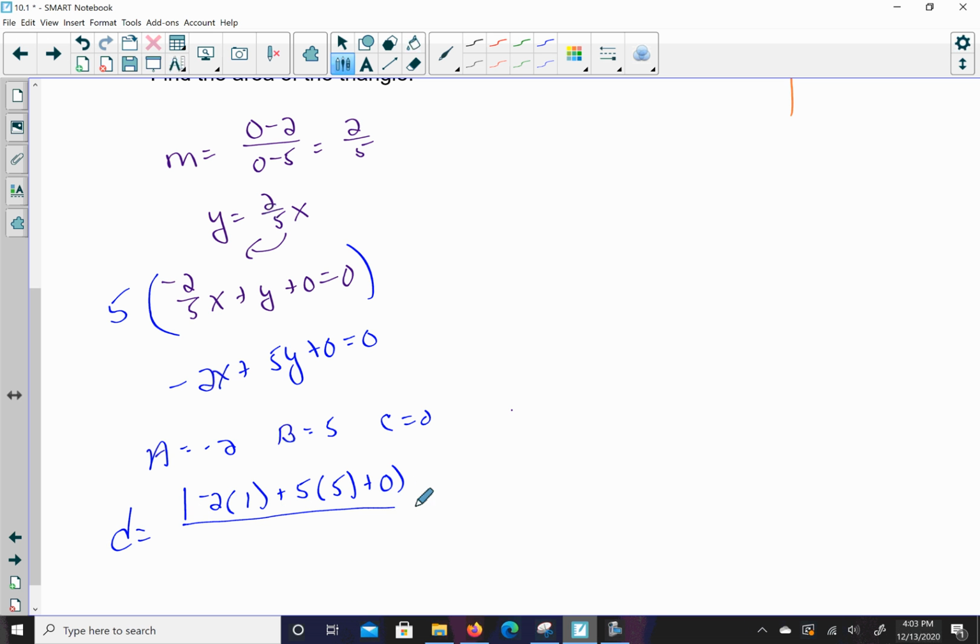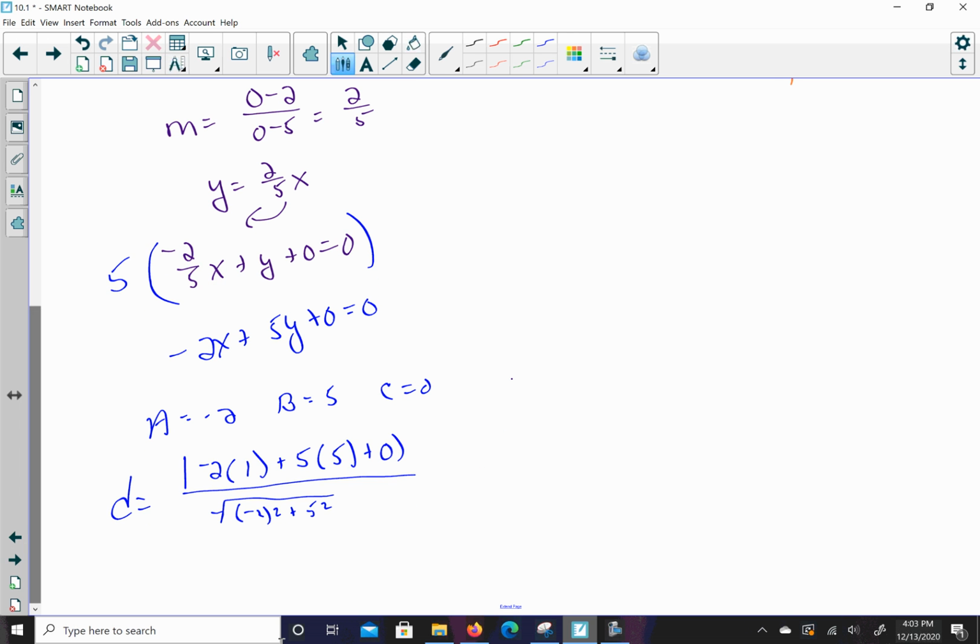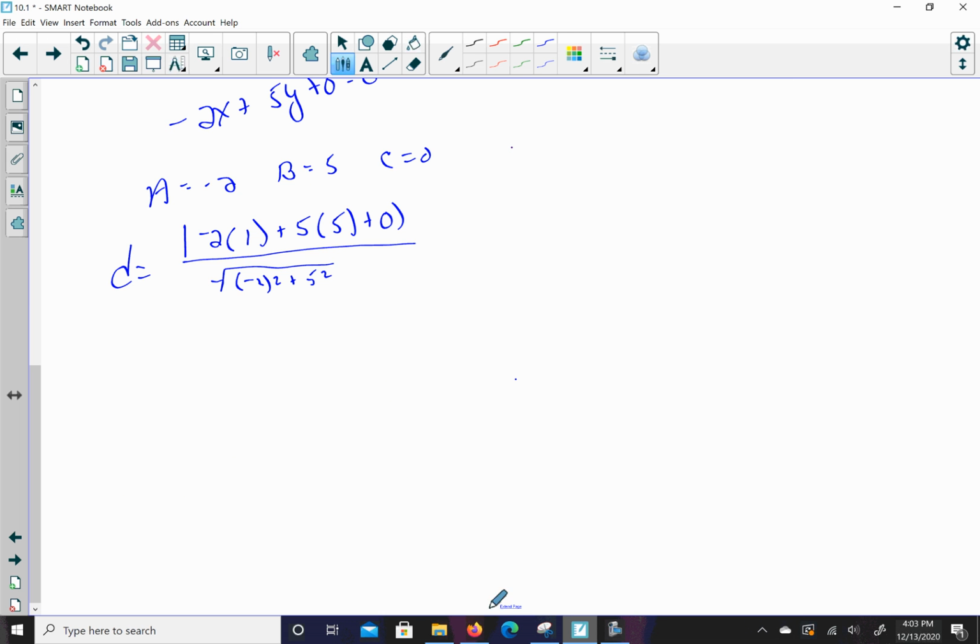And this is all over the square root of a squared, so negative 2 squared, plus b squared, so 5 squared. So when I do that, I'm going to have negative 2 plus 25, so that's going to be 23. That's going to be d equals 23 over the square root of 29. And I'm going to leave it like that because this is just a step in my equation.